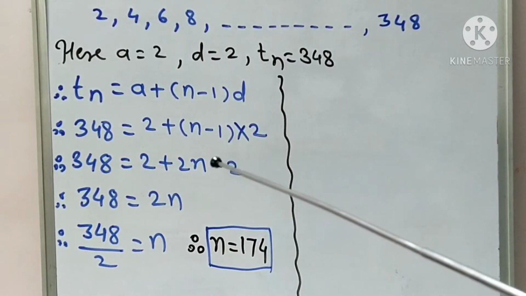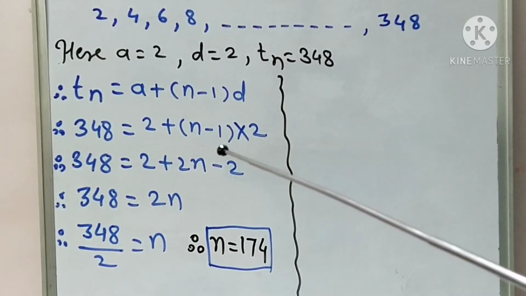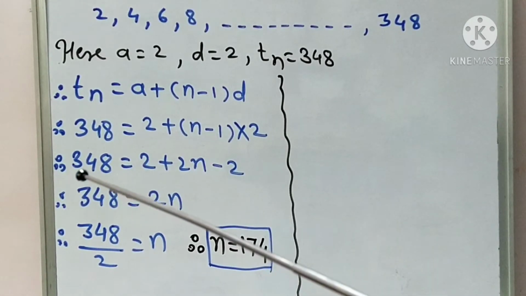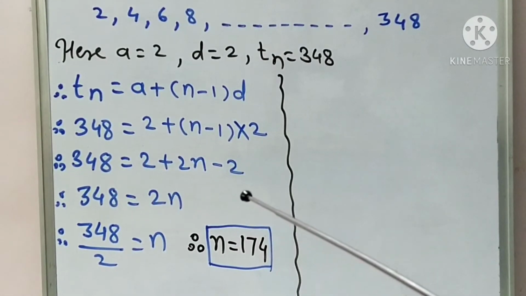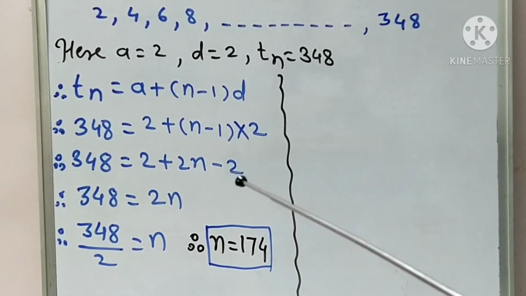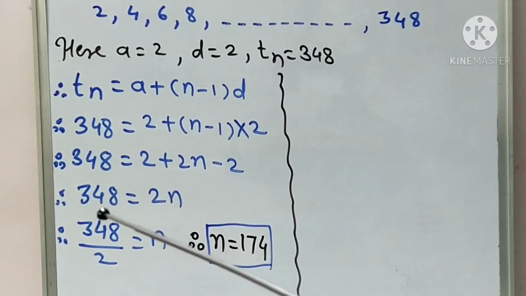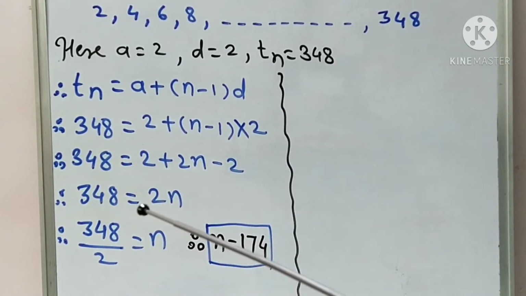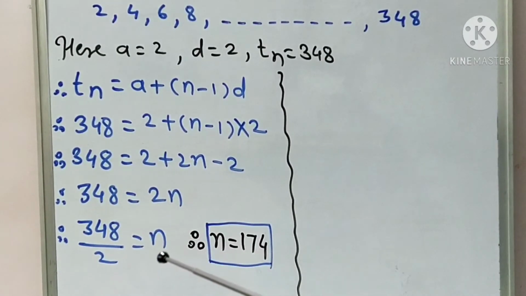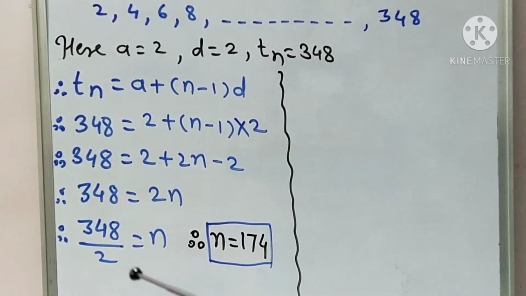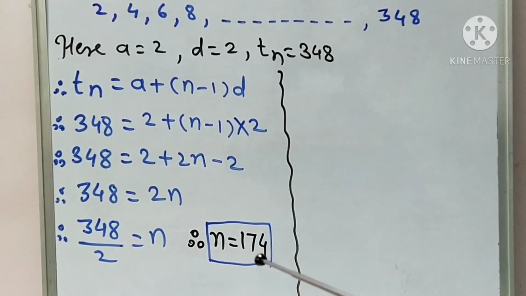We multiply that 2 with this n minus 1, so the equation is 348 equals 2 plus 2n minus 2, where the constants 2 minus 2 is 0, so the simplest form is 348 equals 2n, and therefore the value of n is equal to 348 upon 2, and the division is 174.